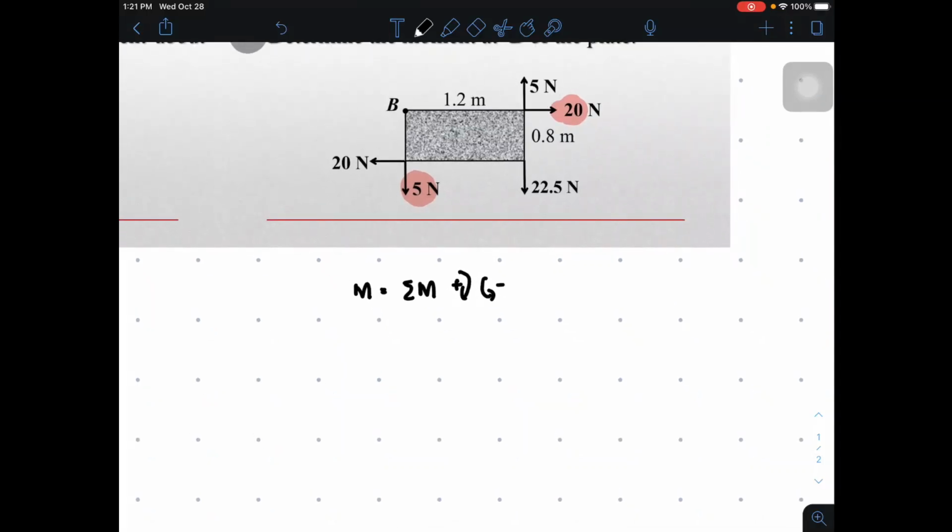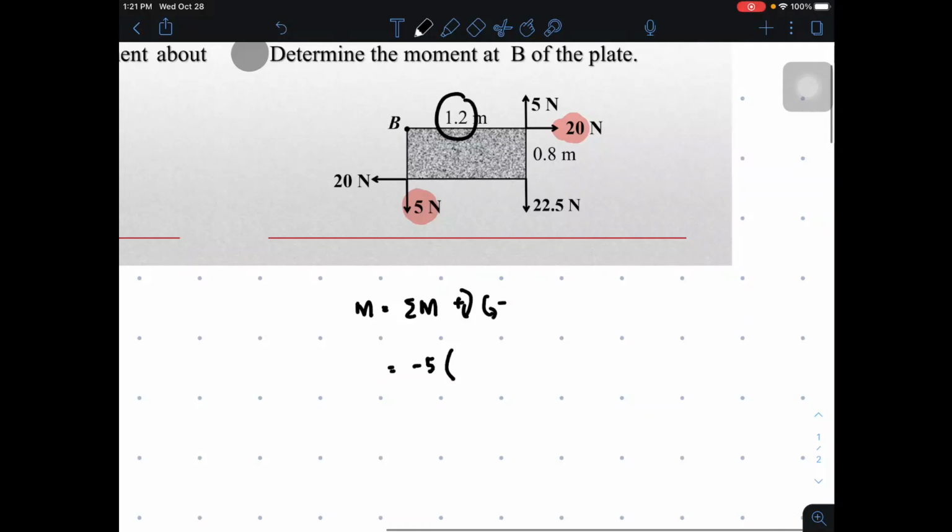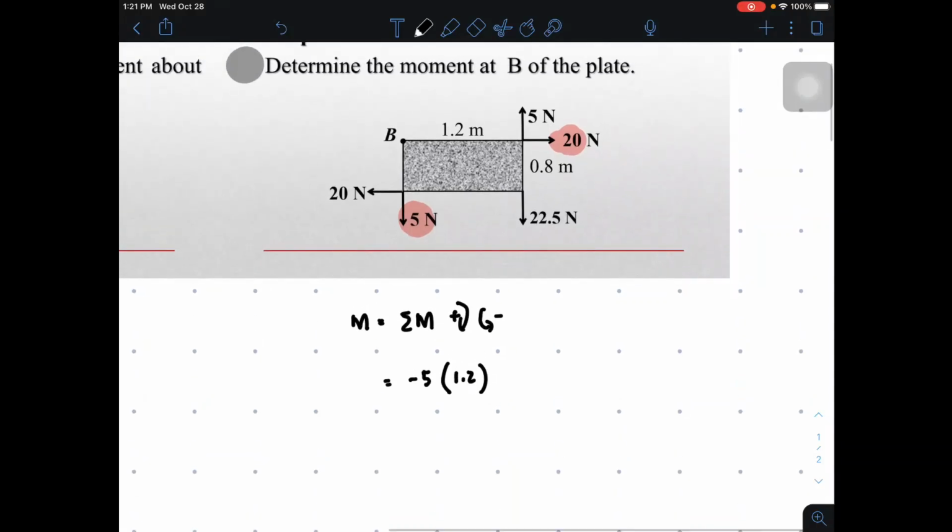Let's start with this 5. The 5 will cause rotation counterclockwise. That's negative, times the moment arm, because the perpendicular distance towards point B is this one, 1.2 meters. And then let's proceed with this one, the 22.5.